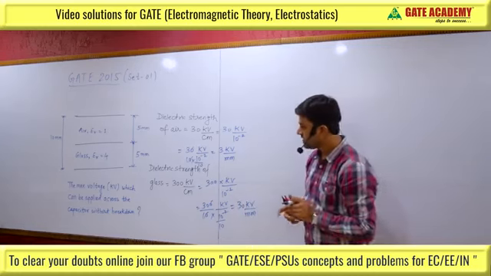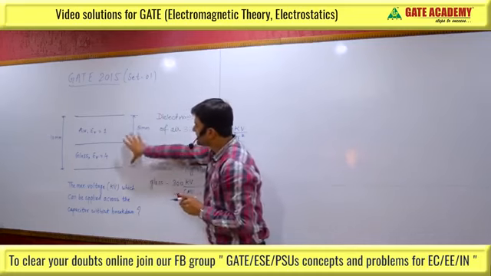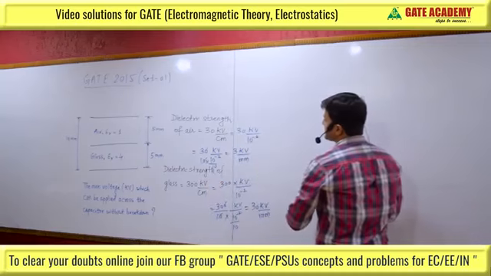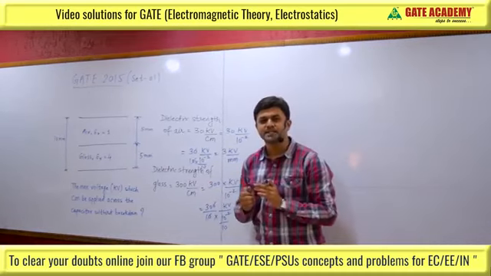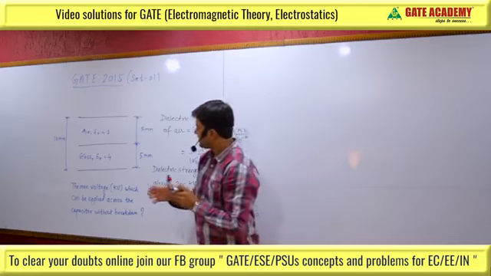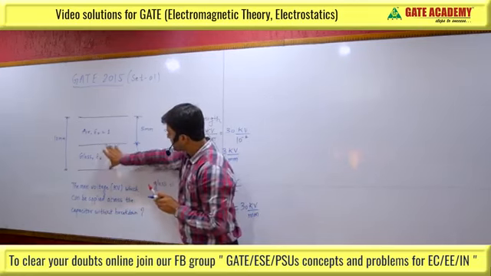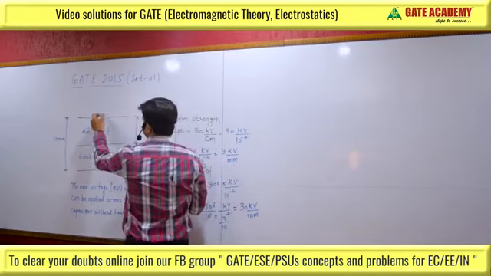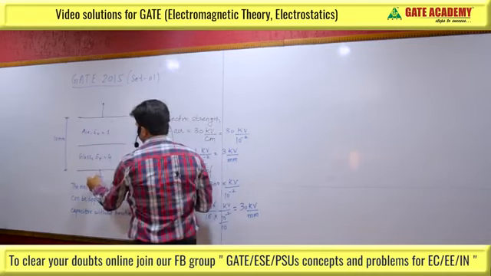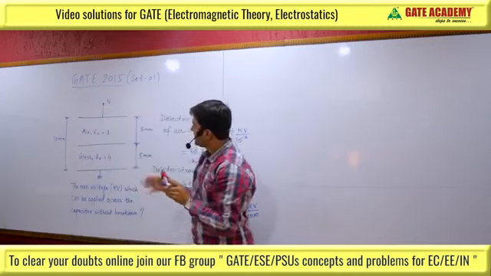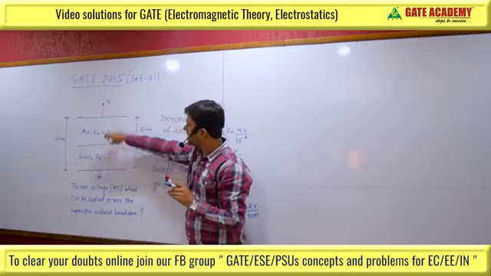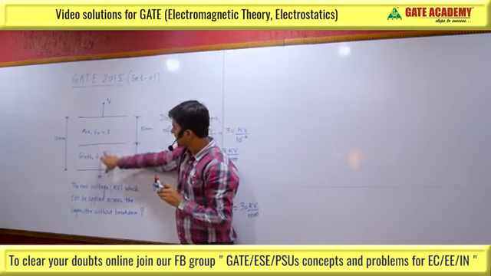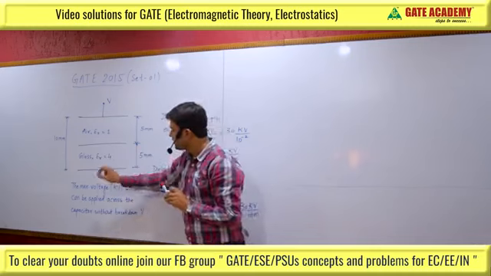Now here the complete region is divided into two regions. So it can be considered as capacitors connected in series, because the total potential is applied here, and the same current will flow through this, and then this, and then this will go to the ground.